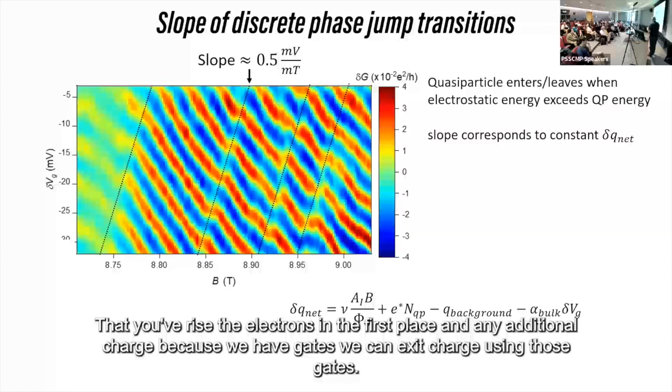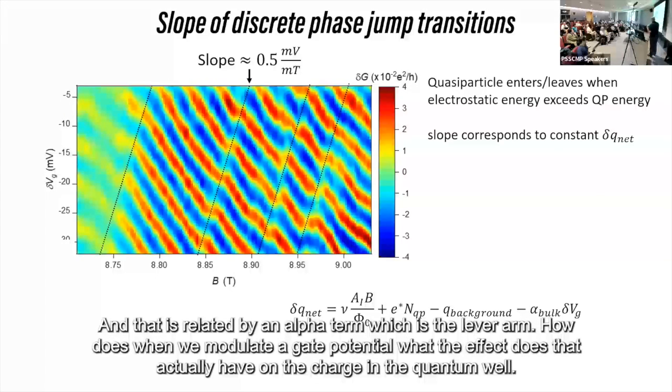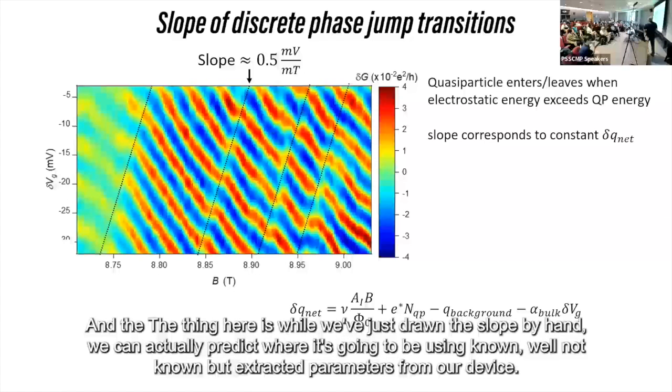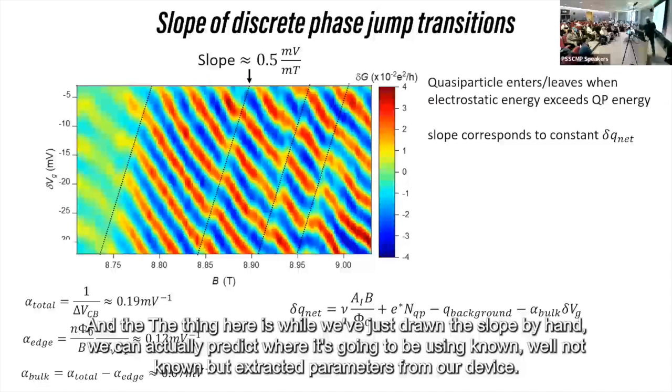And any additional charge, because we have gates, we can induce using those gates. And that is related by an alpha term, which is the lever arm. When we modulate a gate potential, what effect does that actually have on the charge in the quantum well? And the thing here is, while we've just drawn the slope by hand, we can actually predict what it's going to be using extracted parameters from our device.